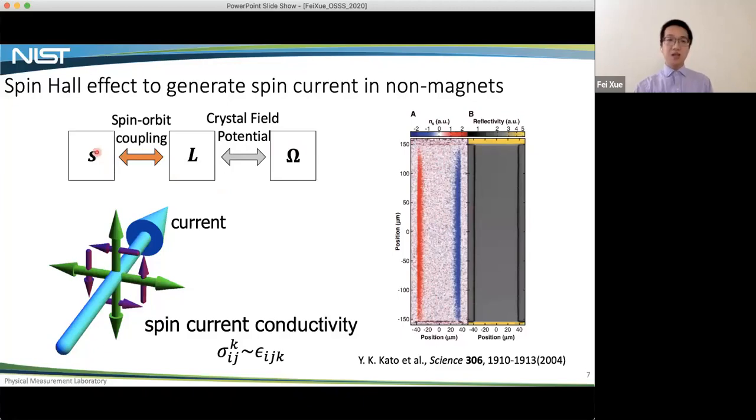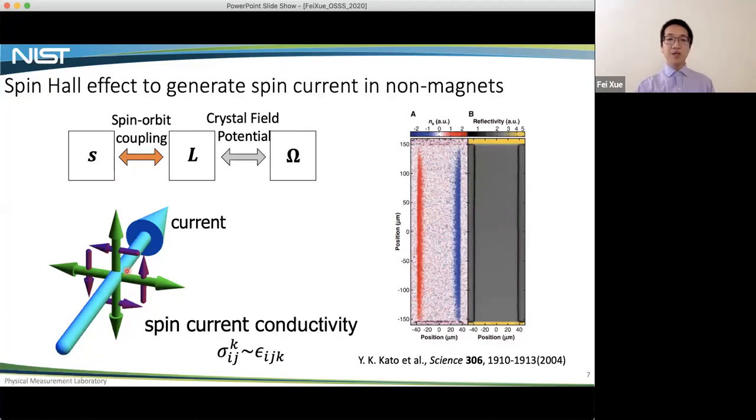The answer is yes. So now we ignore the magnetization. We consider a non-magnetic heavy metal, for example, because we want a large spin-orbit coupling here. So with the spin-orbit coupling and crystal field potential, we can get a spin Hall effect in the non-magnetic system.